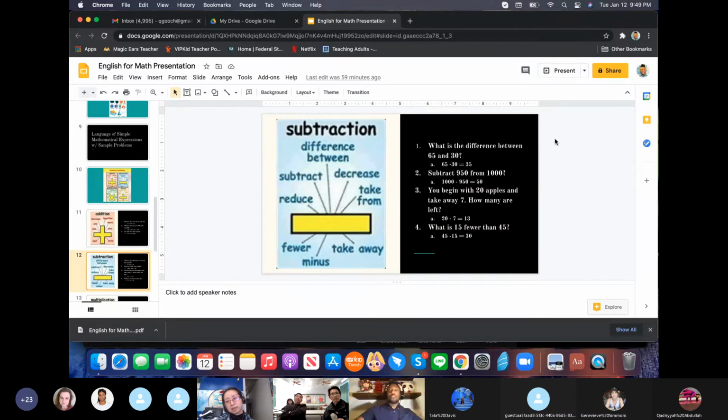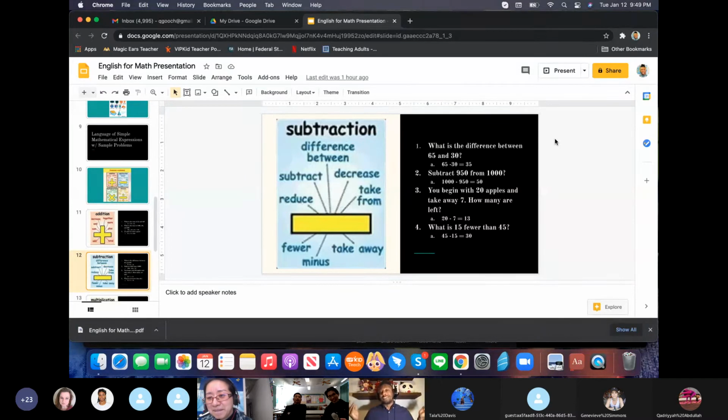Subtract 60 from 100, or 65 minus 30. So that's definitely the most common, but difference is used, especially, I think, in academia. If you were on the street or talking to a family member, you would not usually say, "What is the difference between 65 and 30?"